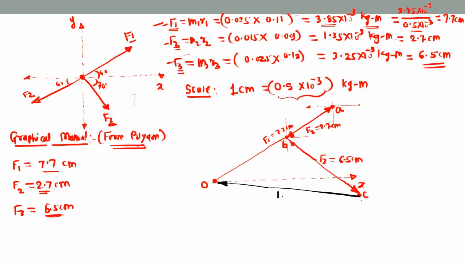So this is nothing but the balancing force, which is FB. And if you draw the reference axis here, then this angle is nothing but the angle of balancing mass. So this is theta B.